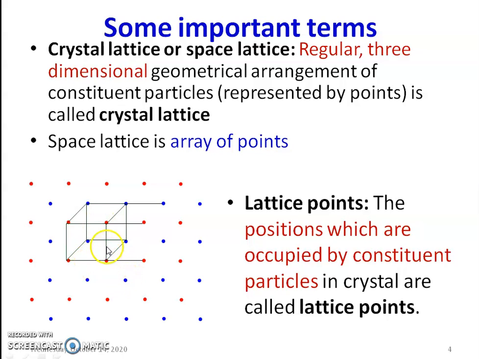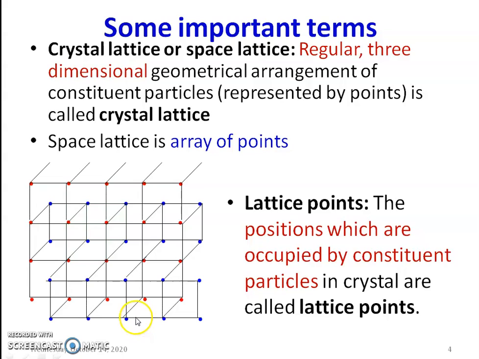Now as I said, in a crystal lattice different unit cells are repeated, and in this way we get a lattice like this. So this is what a space lattice or a crystal lattice is.